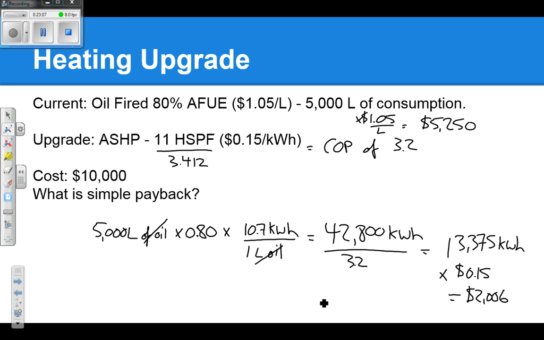And our new cost is 2006. So 5,250 minus 2006 is $3,244 in savings.